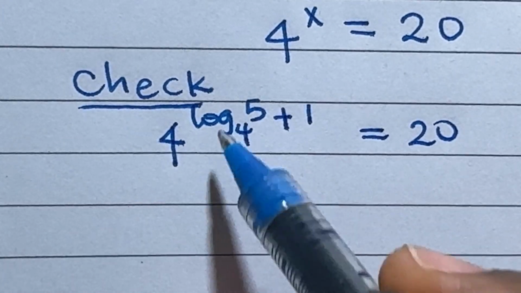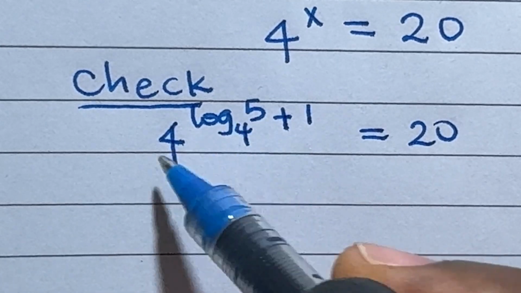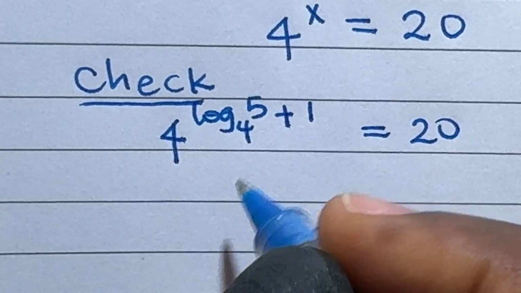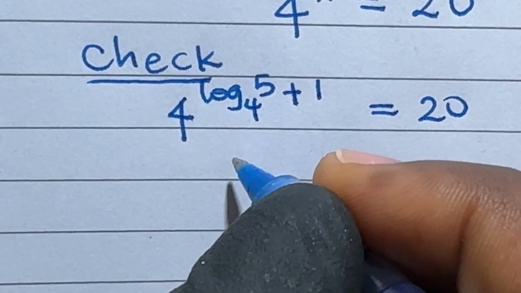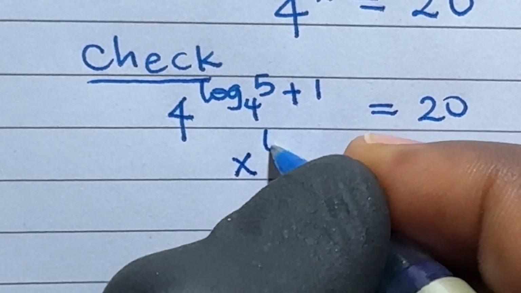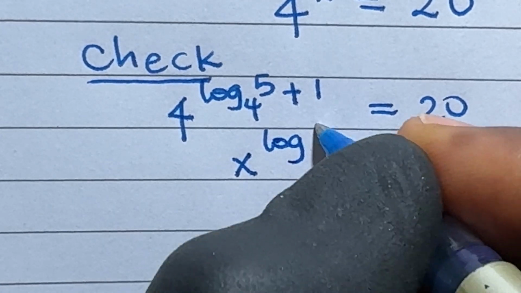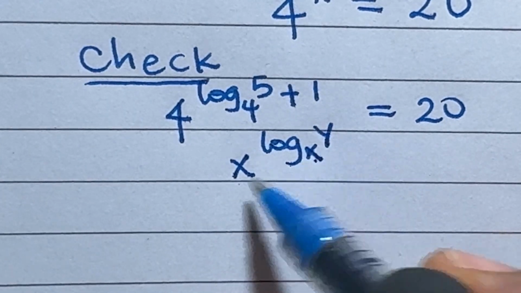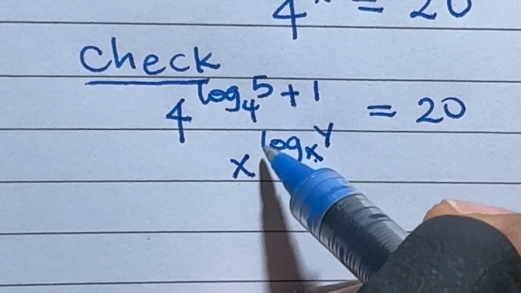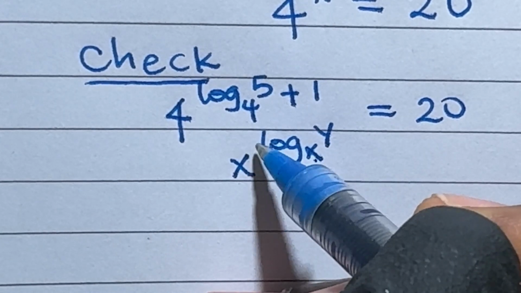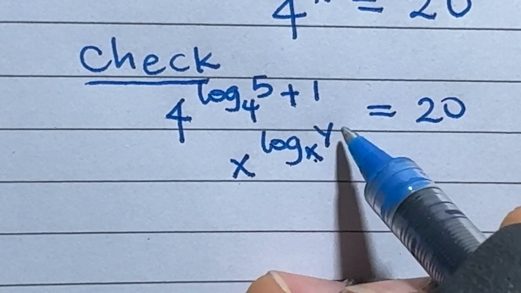To break down this power, this 4 raised to power log 5 base 4, remember the law of logarithm that says that if you have x to power log y base x, as long as the bases here are the same and there is no coefficient, this is 1 log y base x.